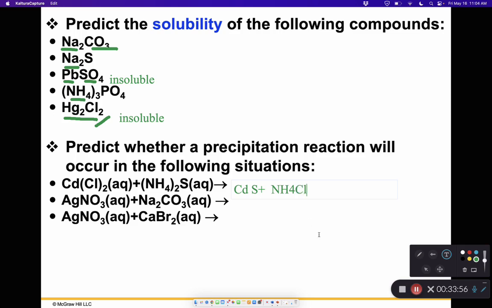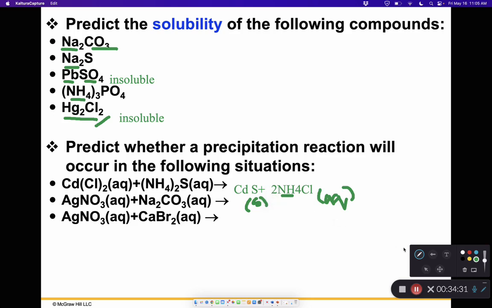You can balance by putting 2 in front of that. Now let's see whether the precipitation reaction occurs or not. Ammonium chloride has ammonium, which means it is soluble, so you go with physical state aq here. You have cadmium sulfide here. This is insoluble, so it is a precipitation reaction and it forms a solid.